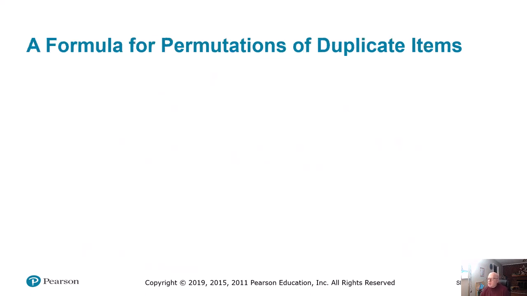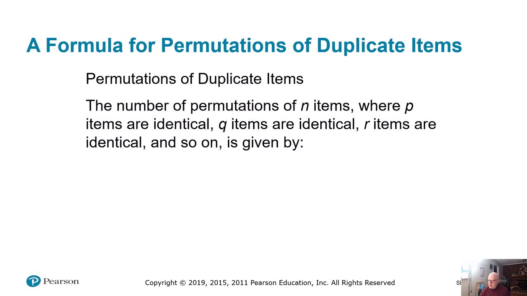Now, what if some of them are duplicates? That's interesting. Now, let's figure that we're creating a subdivision. We've got a subdivision, and we've got a street that we're going to fill with houses.